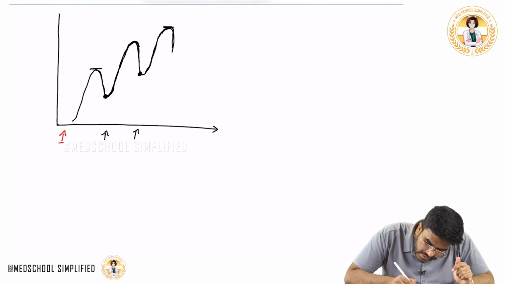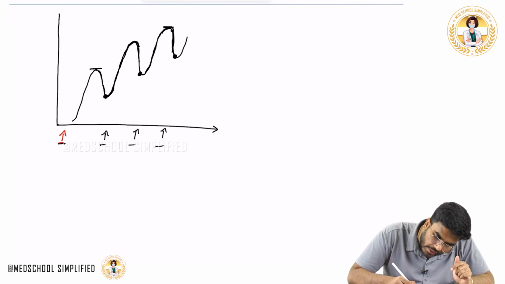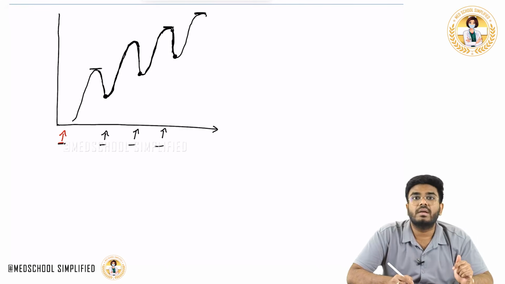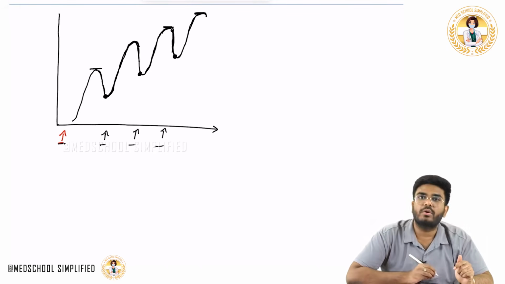Now the muscle is trying to relax. Again you have stimulated. So how many times have you stimulated? 1, 2, 3, 4. The fourth contraction is going to generate even more tension. So look, more tension.